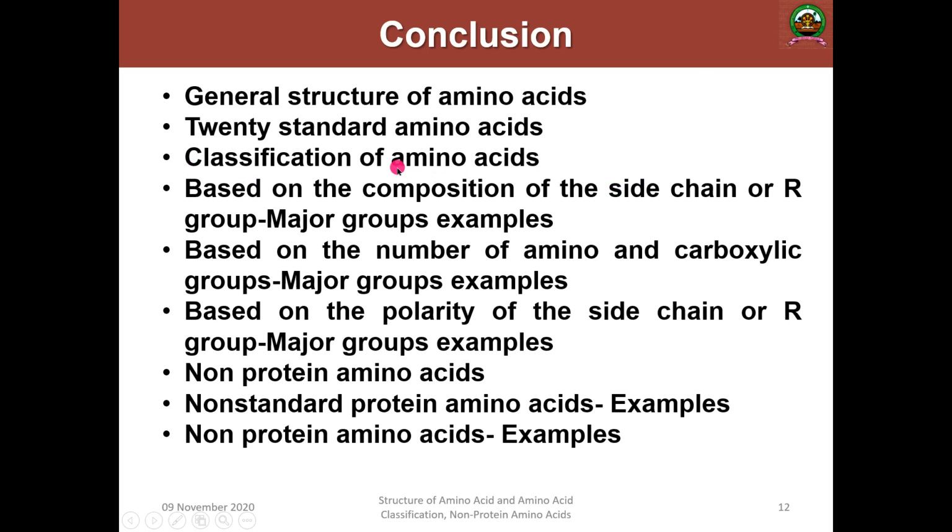Then we discussed the classification of amino acids based on the composition of the side chain R group, the major subgroups and examples, and based on the number of amino and carboxylic acid groups. Then based on the polarity of the side chain R group, the major groups and examples. Then the non-standard protein amino acids and non-protein amino acids, with examples and structures.